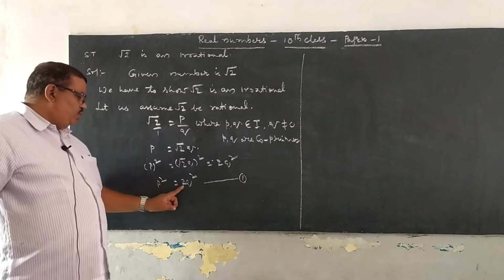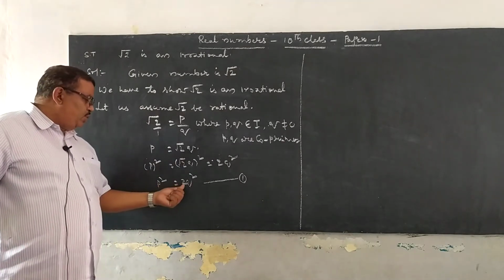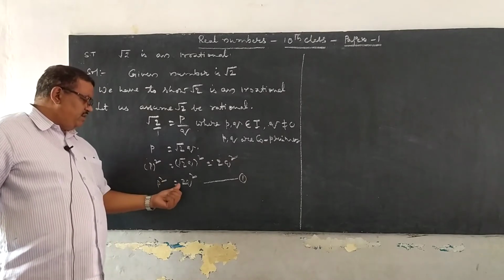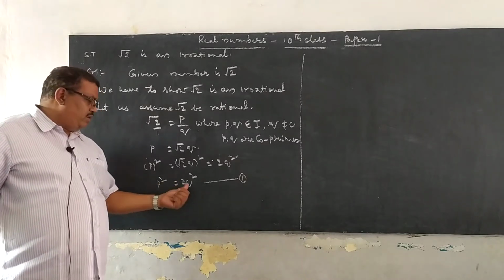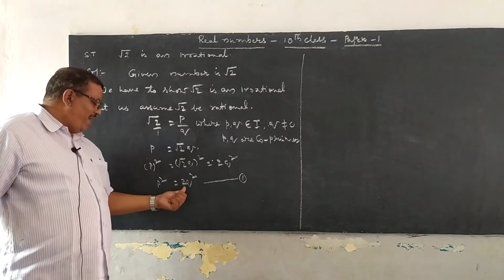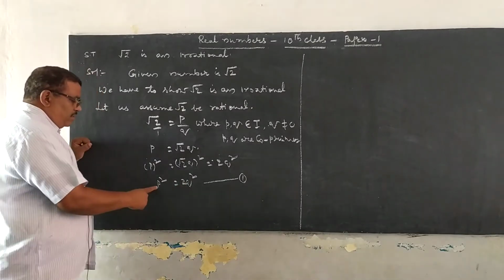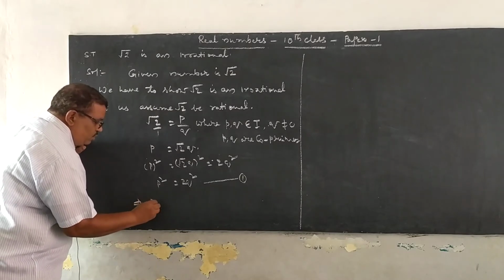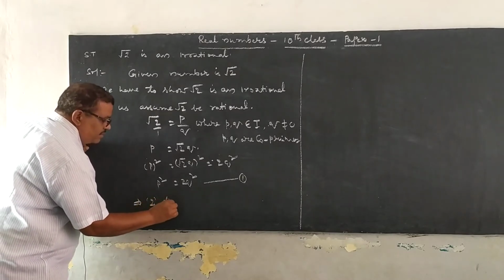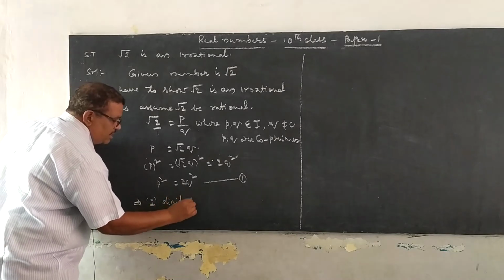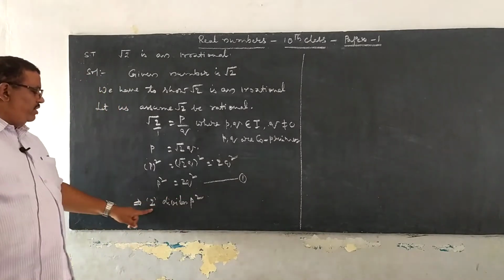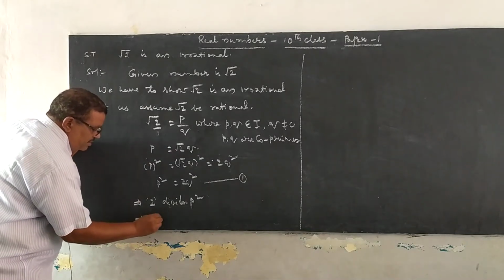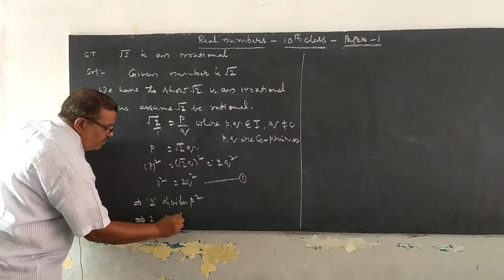When P square equals 2Q square, does 2 divide P square or not? Think for a moment. Here P square is a multiple of 2 and Q square, so definitely 2 divides P square. When 2 divides P square, that implies 2 divides P. How do we say this?